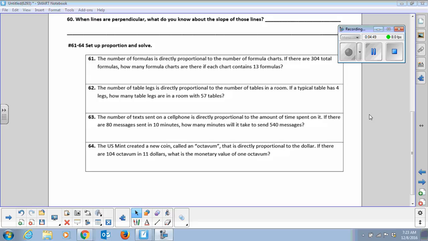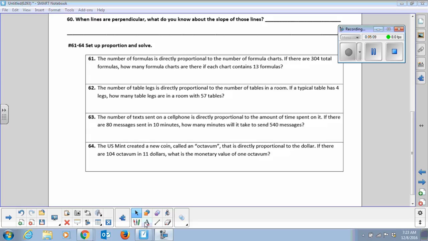All right, for 61 through 64, we're setting up a proportion. So it says if there are 304 total formulas, how many formula charts are there if each chart contains 13 formulas? Okay, so anytime you see directly proportional, you know that you can probably solve it with the proportion.